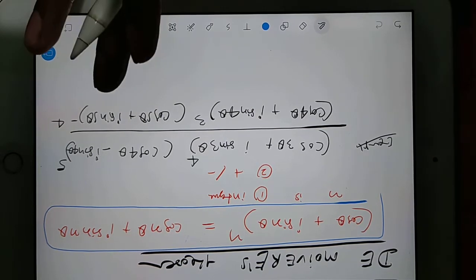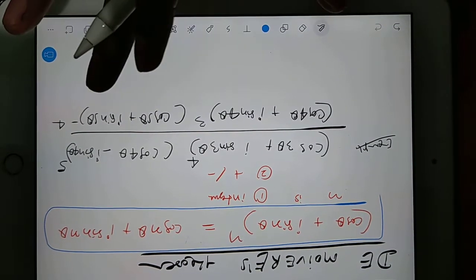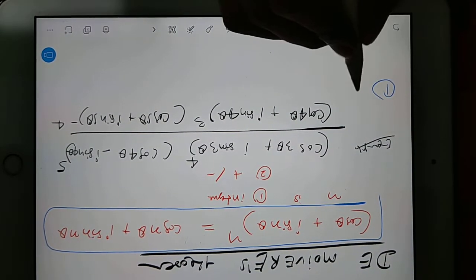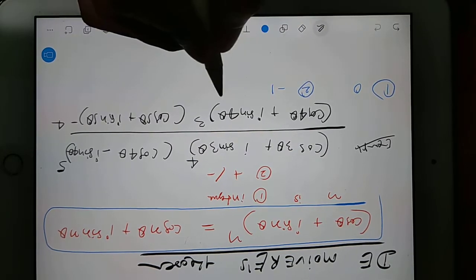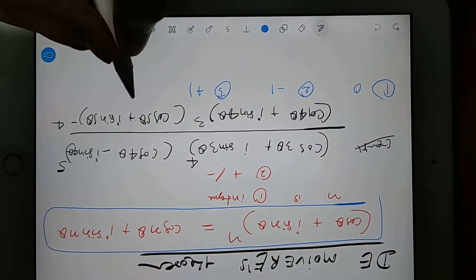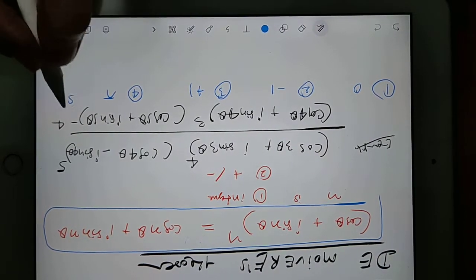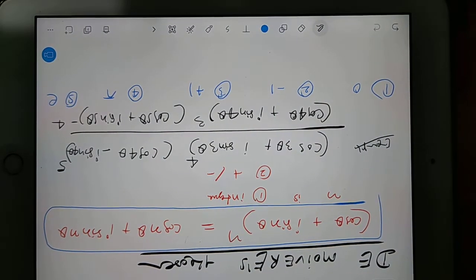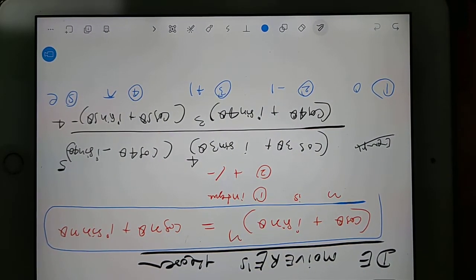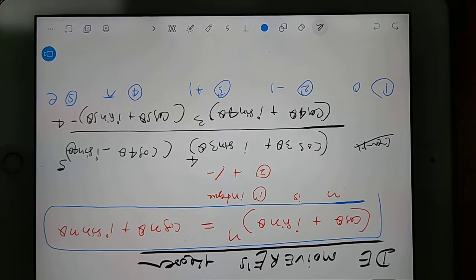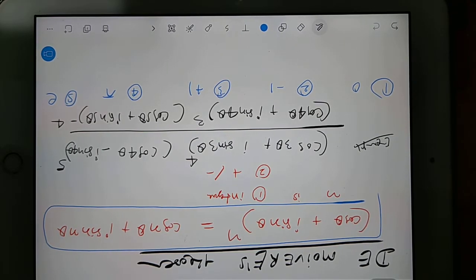Okay. Now we are looking for the correct answer. So option 1 is 0, option 2 is minus 1, option 3 is plus 1, option 4 is pi, option 5 is e. We have 5 options given. So we need to know which option is going to be the correct option.